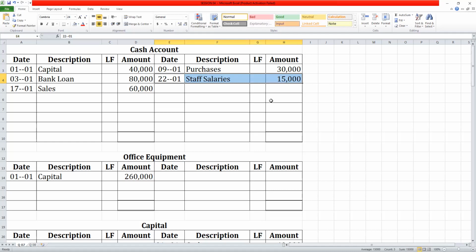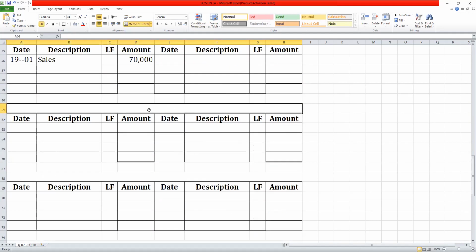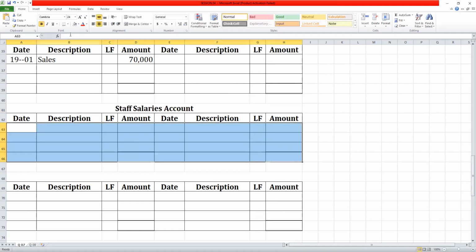Simple, right? Now what we should do: open another account, and that is for staff salaries. Staff salaries account. Can somebody tell me the category of this account quickly? What is the category of staff salaries?